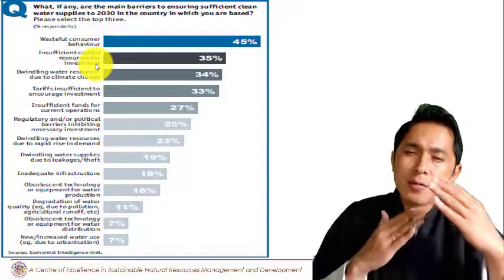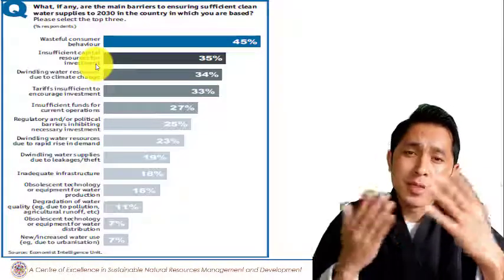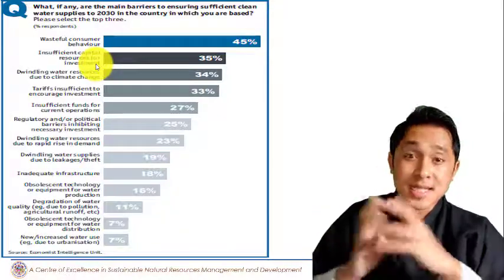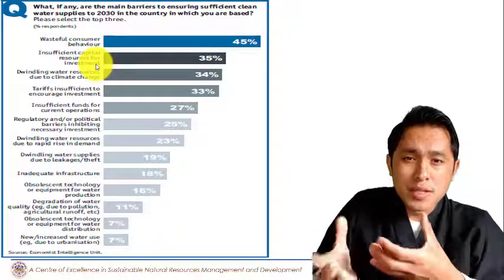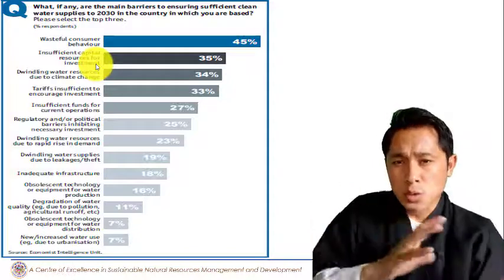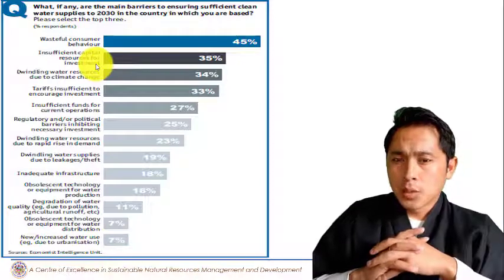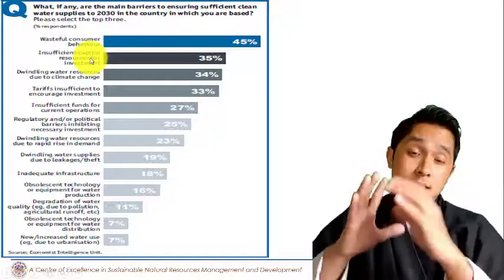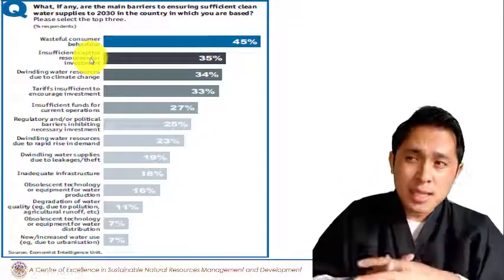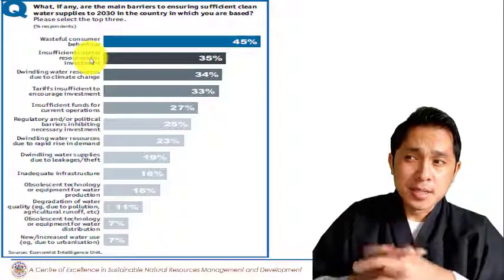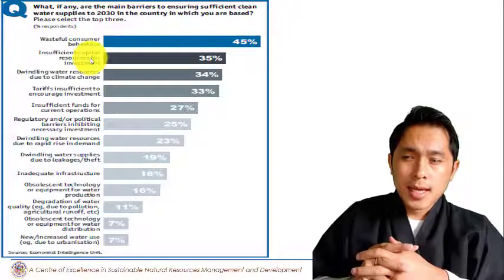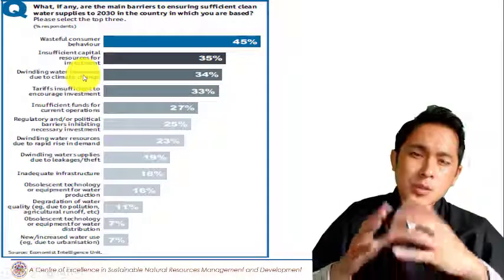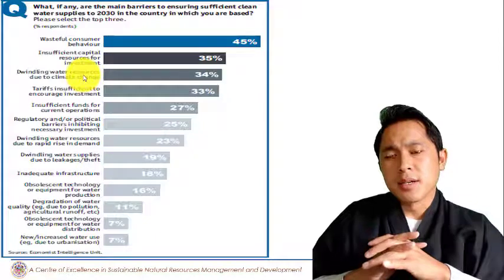In order to have a very good water conservation system, you need lots of technology, a good number of tanks, and a good number and quality of pipes connected from source to sink. So lots of investment has to be made, but some feel that the demand and supply gap is going to increase because of insufficient capital resources for investment. And climate change is another factor, causing around 34% of this water demand and supply issue.